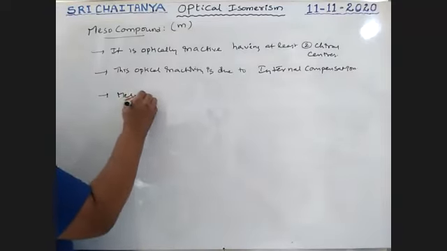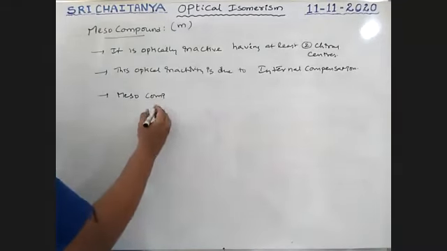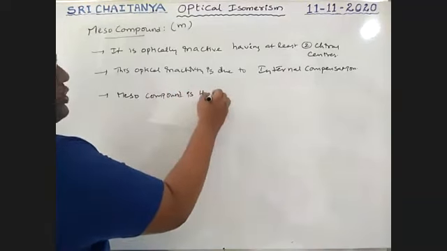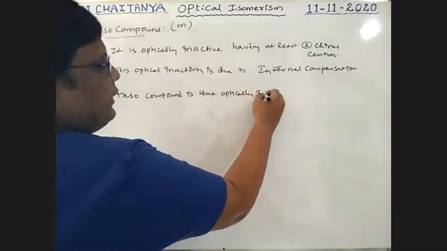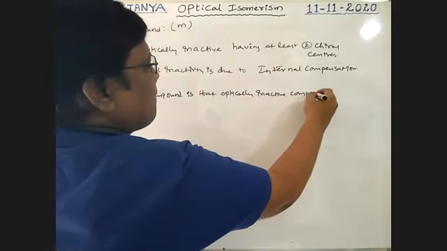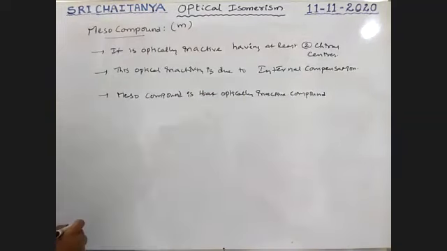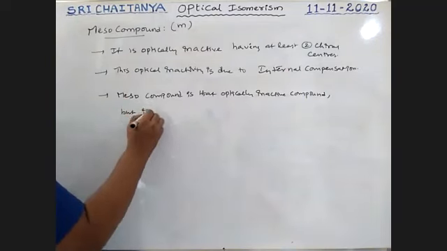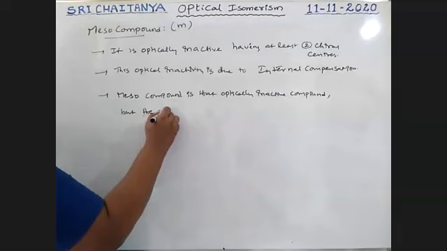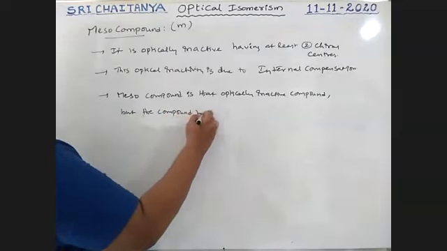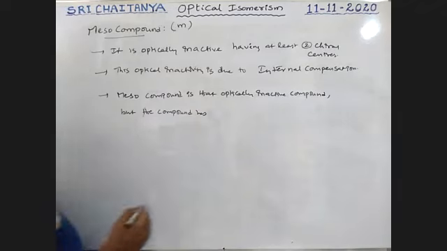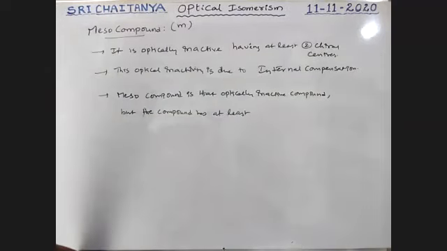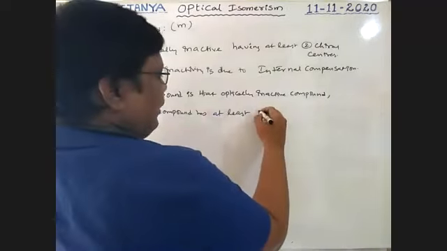Meso compounds are optically inactive compounds, but the compound has at least 2 chiral centers.